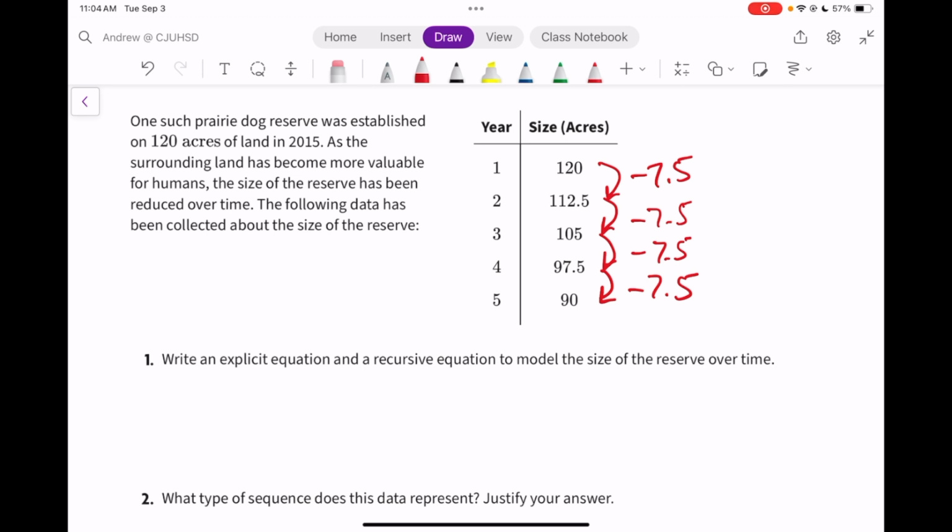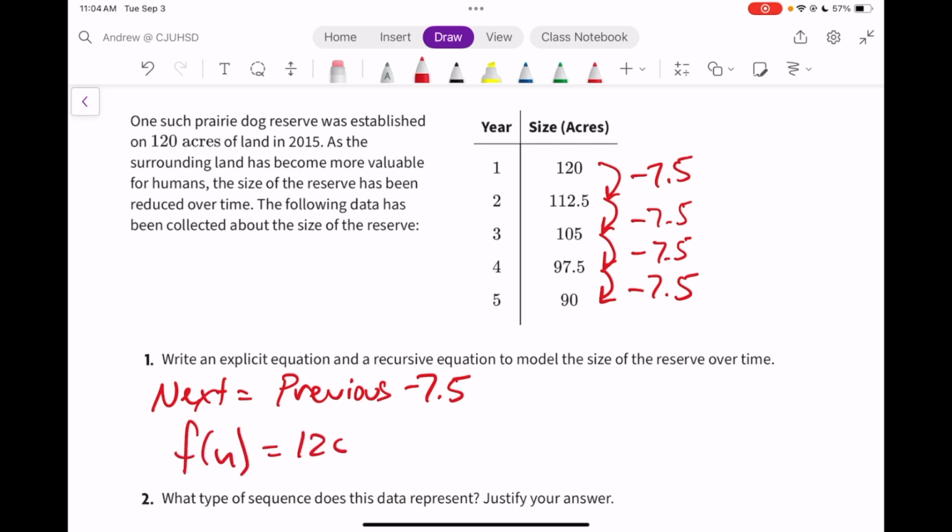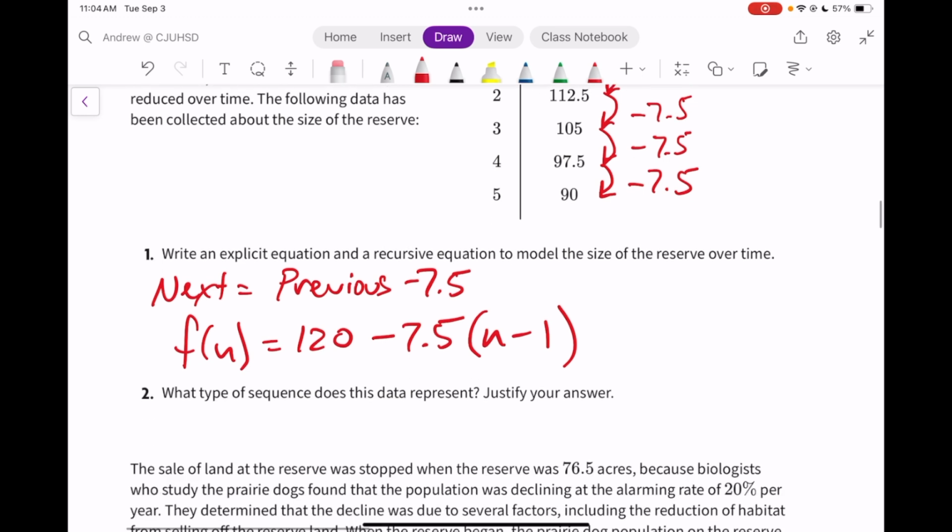So the recursive would be next equals previous minus 7.5. And the explicit, f of n, would be, it starts at 120, and you're going to take off 7.5 for every n minus 1. It is definitely arithmetic.